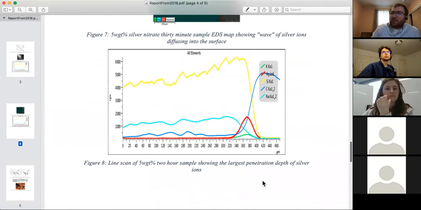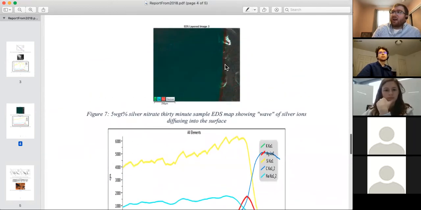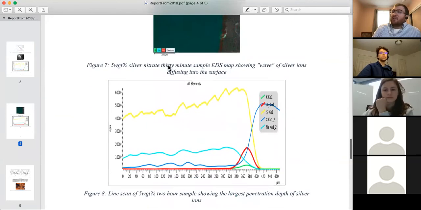And so when I talk about the composition, I just want to show you this real quick. So this is the EDS line scan. We're looking at the cross section of the surface of the glass. So this is the surface here. This is the interior of the glass. With silver, we're able to pick up a peak right at the surface. Whereas if we look at potassium, which is the green one down here, it's a lot more subtle if we vary potassium.